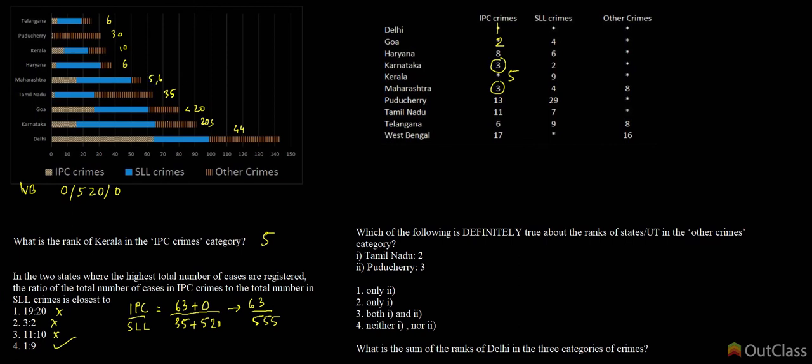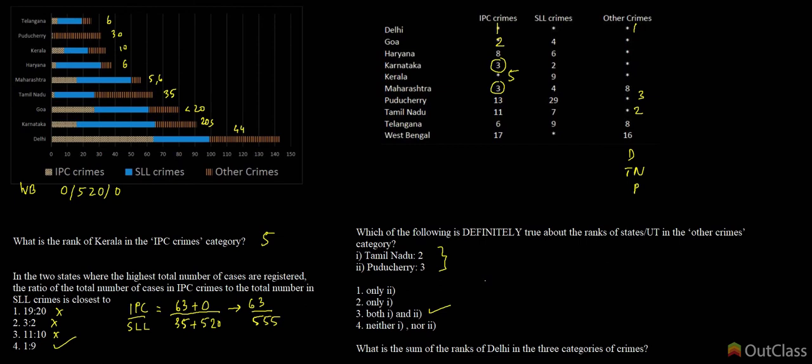These are all lower. We have Delhi at the top, then Tamil Nadu, and then Puducherry. That will give you Delhi is rank 1, Tamil Nadu is rank 2, and Puducherry is rank 3. So both their claims are correct. Both 1 and 2 is the answer.